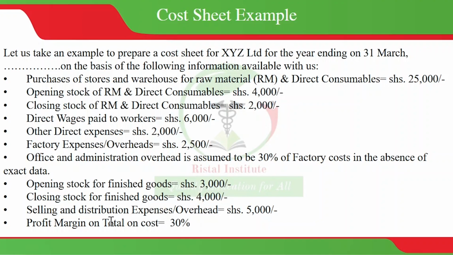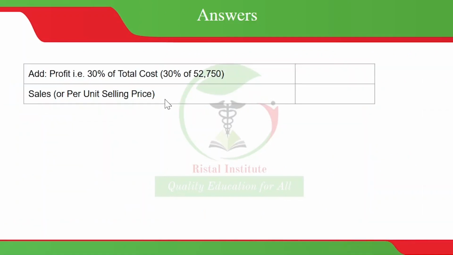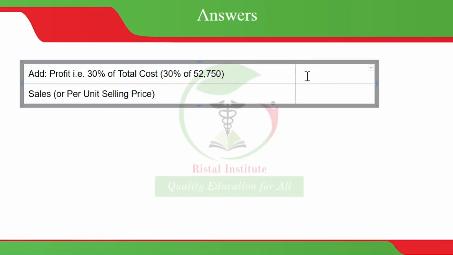So we get 30% of the total cost, which is 30% of 52,750, which will give us 15,825.